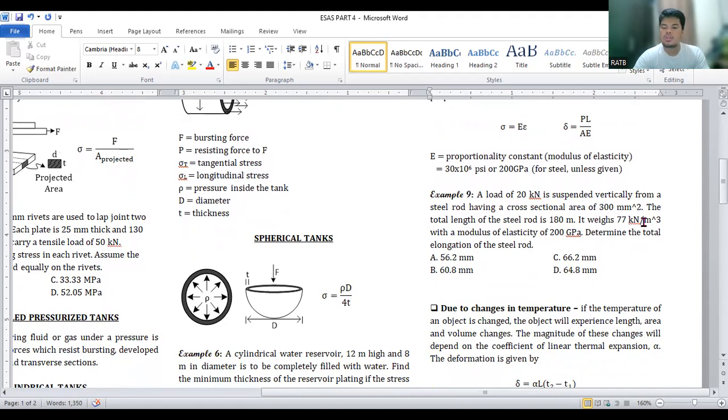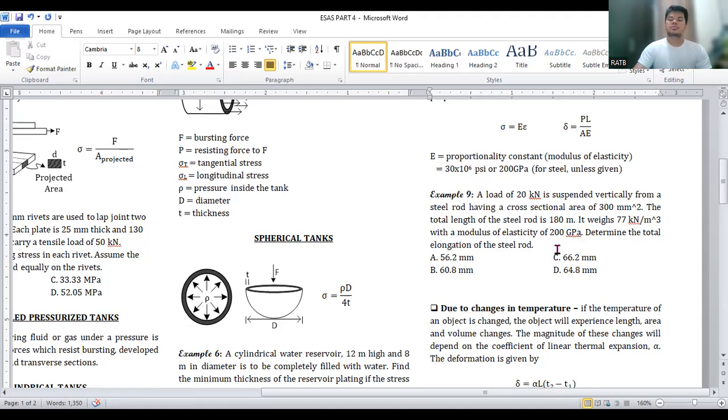The total length of the steel rod is 180 meters. Apart from the external load, the rod also weighs 77 kilonewton per cubic meter. The modulus of elasticity is provided, that's 200 gigapascal. Determine the total elongation of the rod.